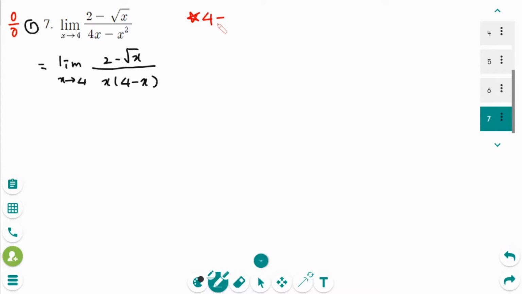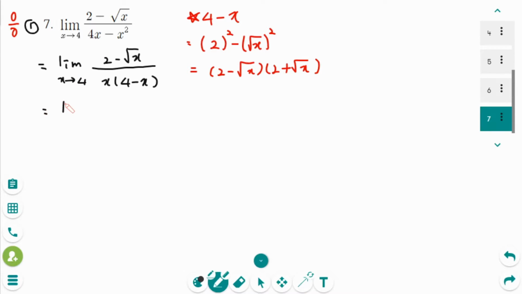However, we can change it to become a difference of squares by creating a squared minus b squared form, which is 2 squared minus the square root of x squared. So this can then be factored into 2 minus the square root of x, 2 plus the square root of x.